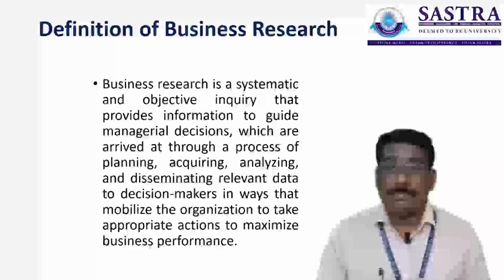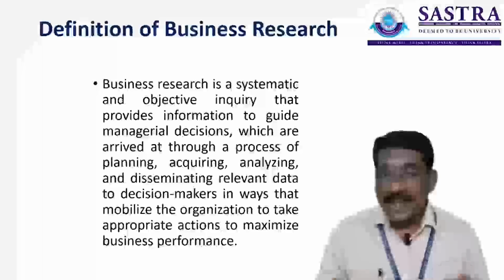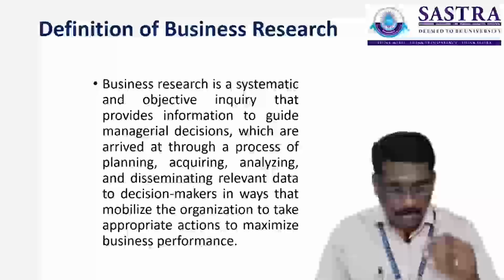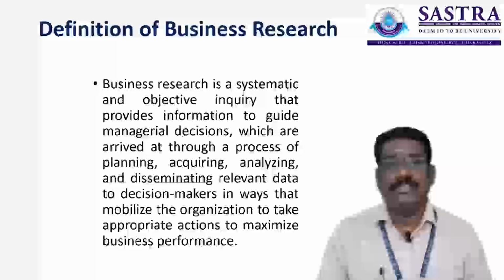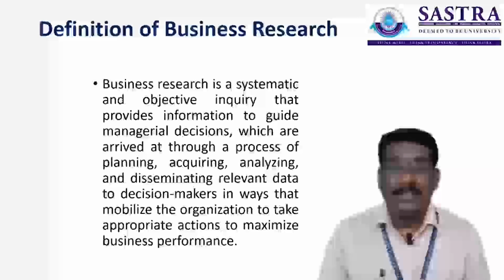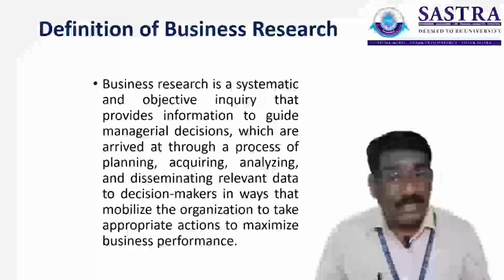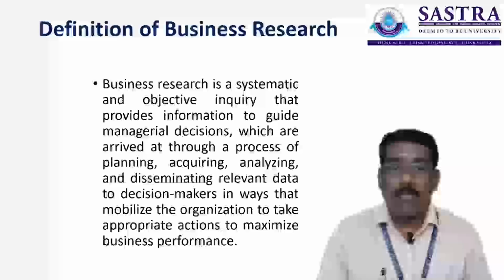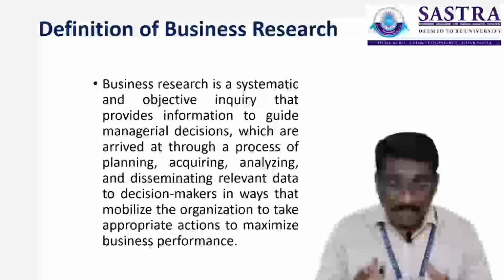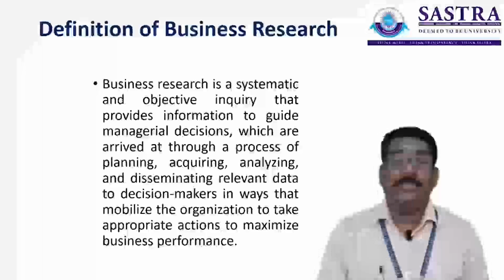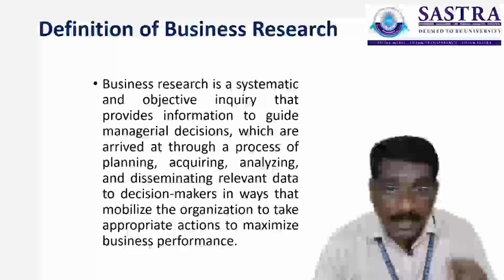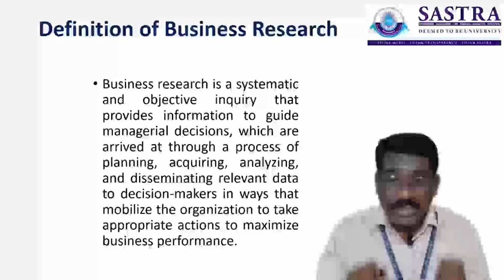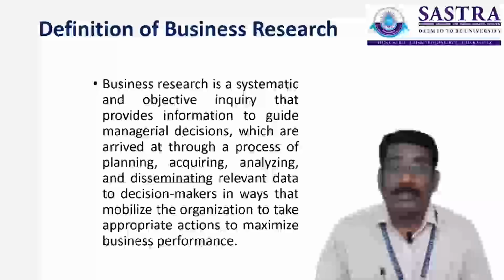Business research is a systematic, there is a proper procedure, okay, steps, certain activities to be adopted, which is the requirement of scientific research. And the objective inquiry is all about identification of the right problem statement. At the same time, you need to identify the objective and the research questions you have to pose to address that particular research problem.